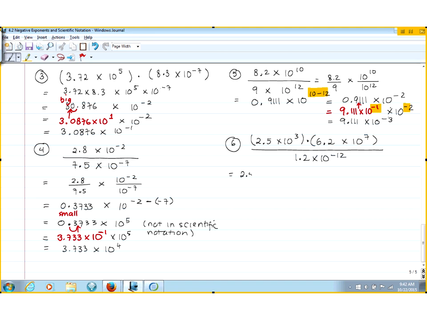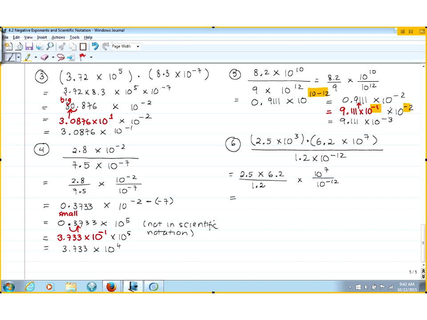Yeah. Okay, last one. Tell me what to do. So deal with the numbers. 2.5 times 6.2 divided by 1.2 times 10 to the 7 divided by 10 to the negative 12. Alright.